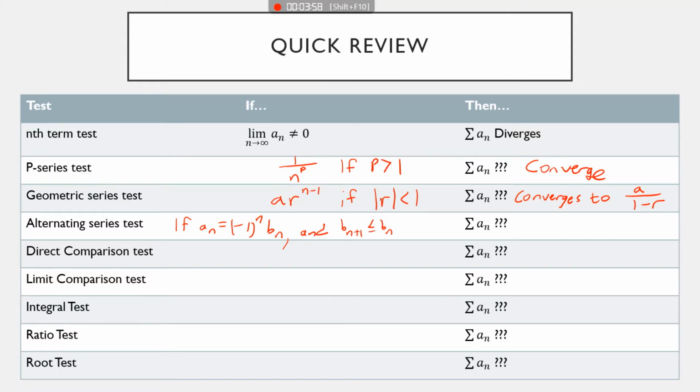There's one more thing that has to be true. Let me give myself a little bit more space here. I'm just rewriting b to the n. You can keep going.